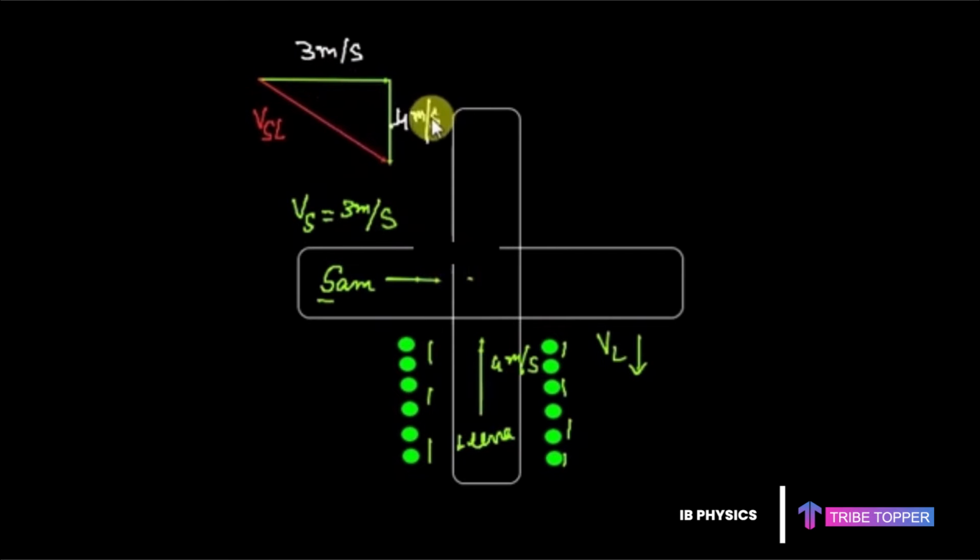So this is how we look at it, that Sam appears to be coming from this point towards Lena, right? And so we get the relative velocity along the hypotenuse.